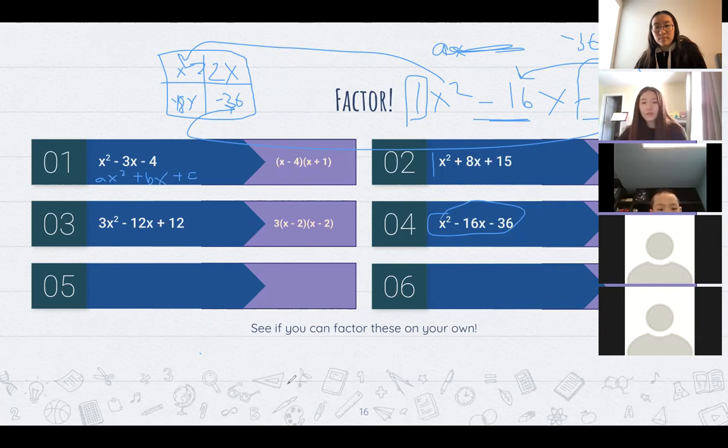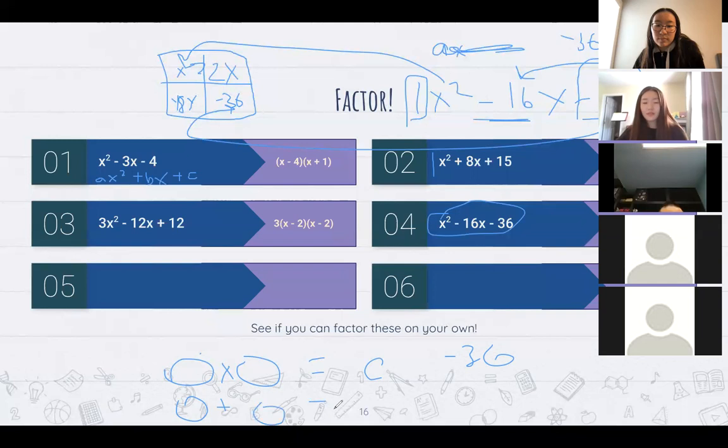So the numbers have to multiply to equal C, which is negative 36, but also this plus the other one has to equal B, which is negative 16. If we used your example of negative 6, they add up to negative 12, not negative 16. Okay, that makes sense.